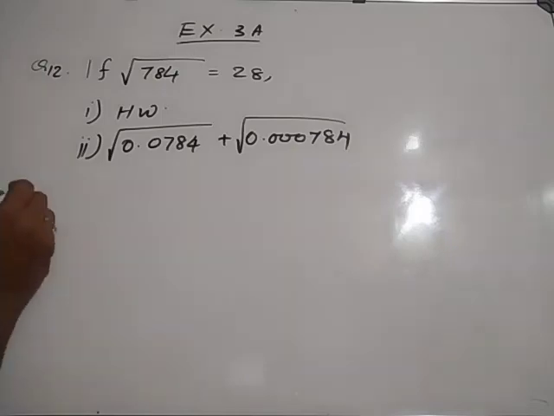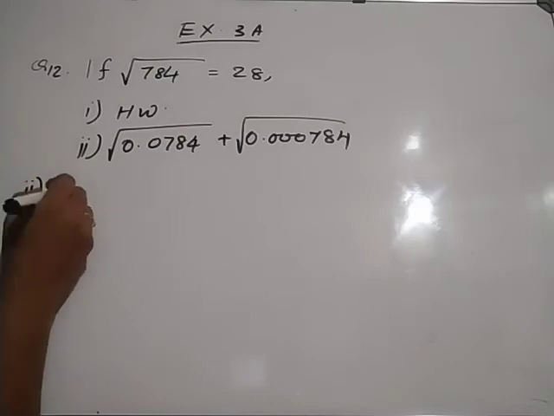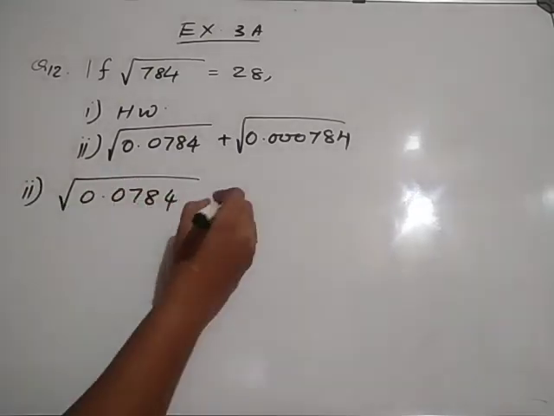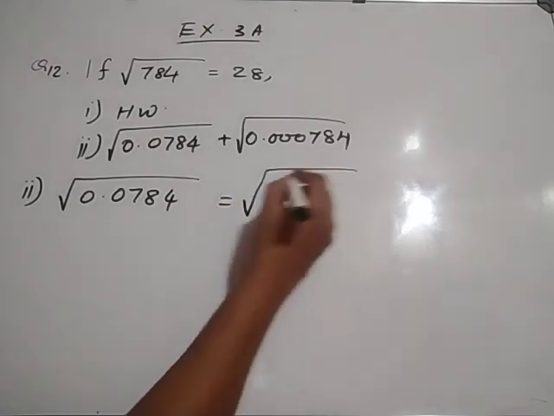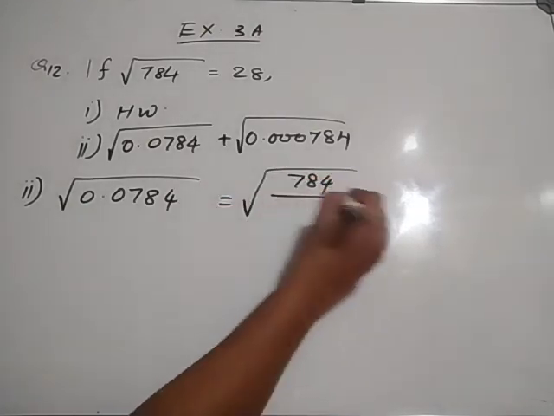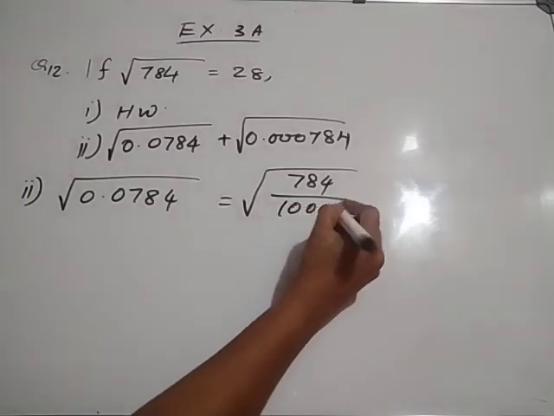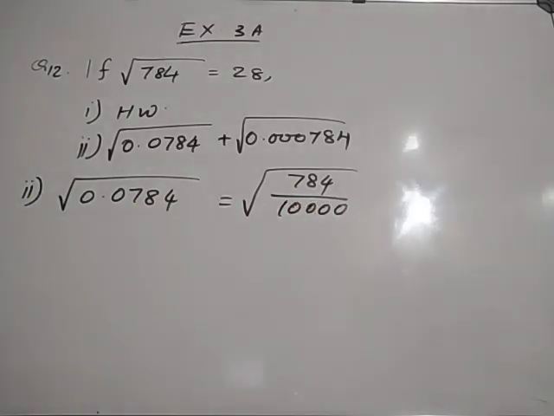Okay, let us do the second one. First, square root of 0.0784 can be written as square root of 784 by, there are 4 places after decimal. So, divided by 10,000.